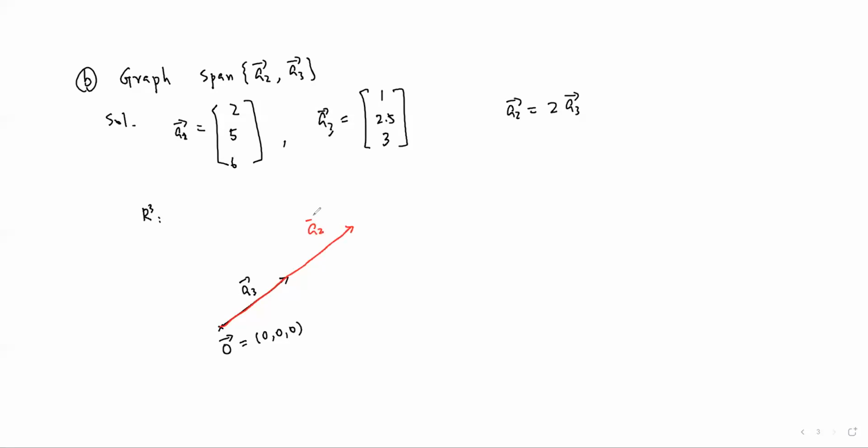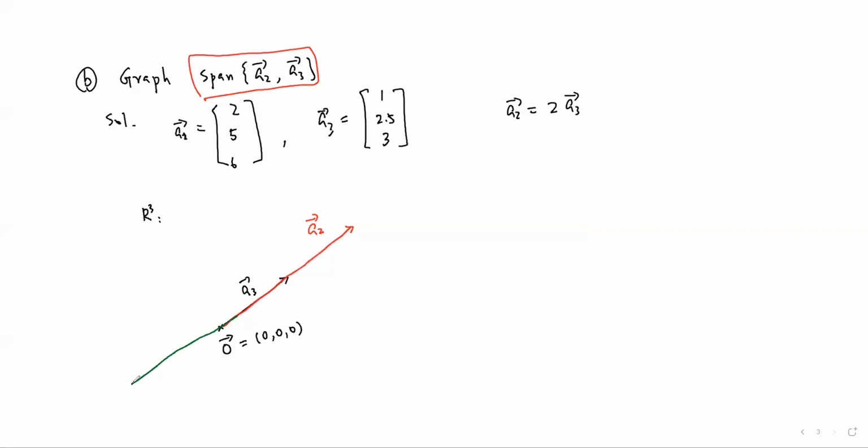This is A2. Now these two vectors span a line. If you plot all the points in this set, all the points form a line determined by A2 and A3. The line passes through the origin.